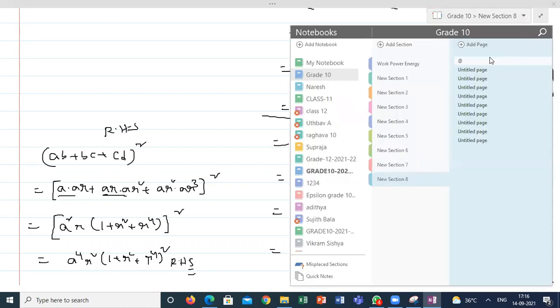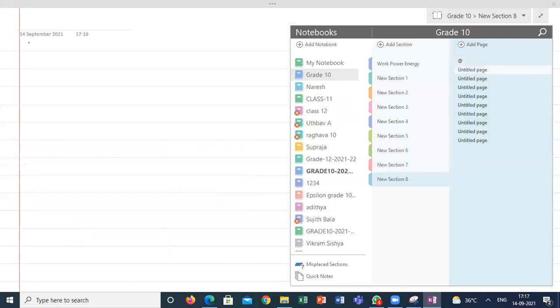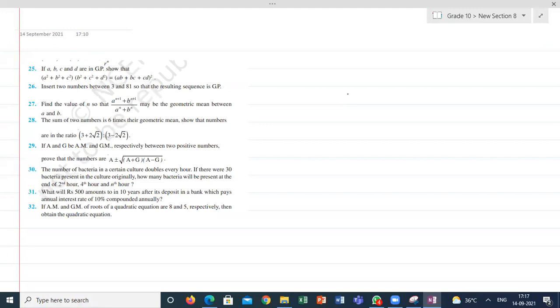The next question. Insert two numbers between 3 and 81 so that the resulting sequence is a GP. Whenever you are getting this kind of question, how will we proceed, guys?